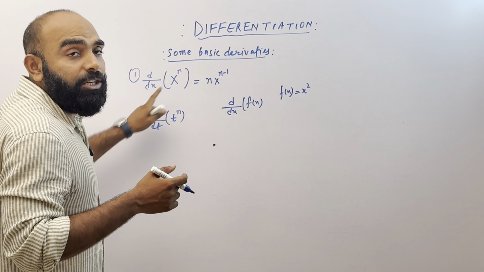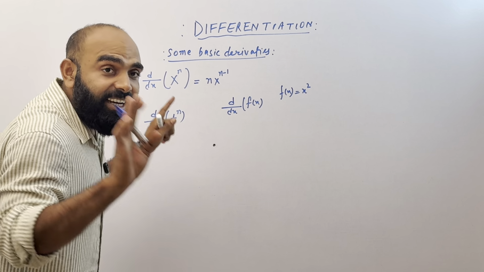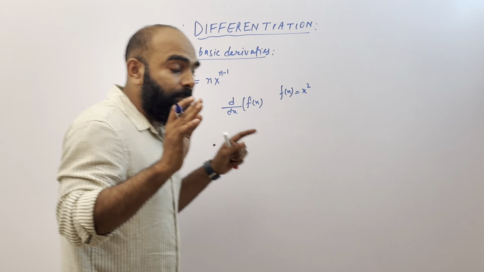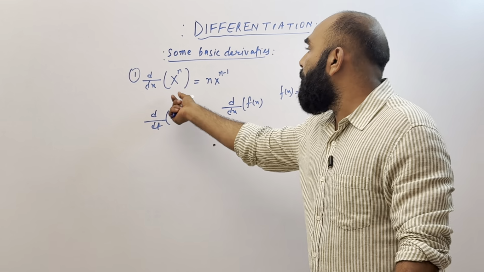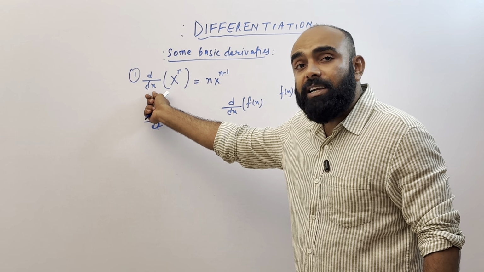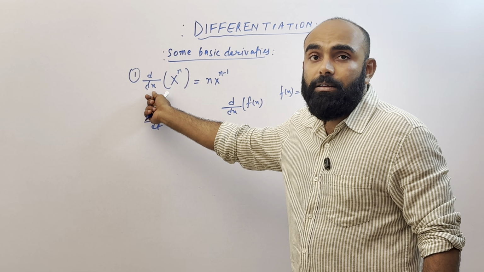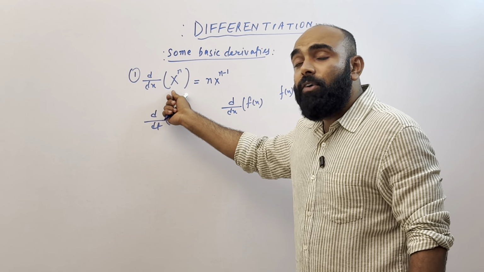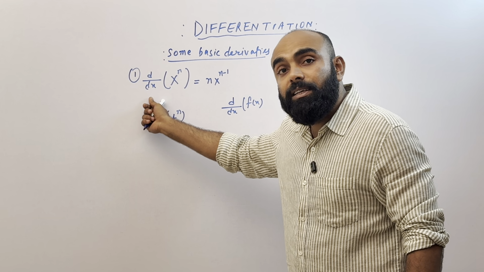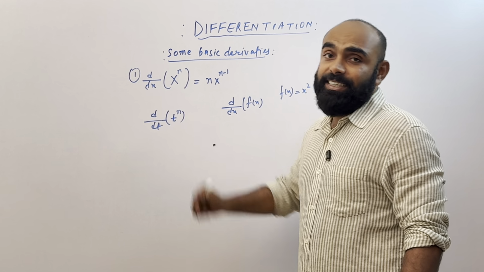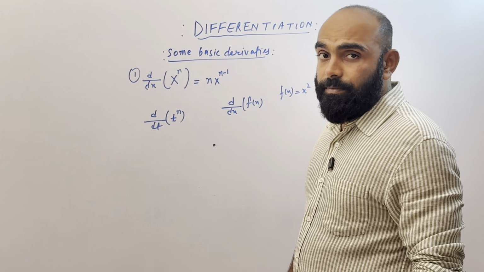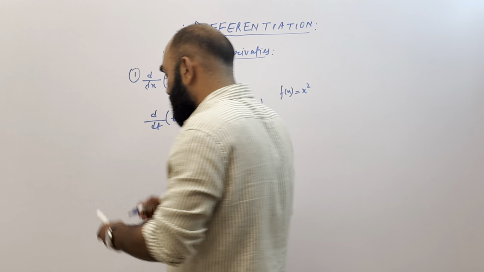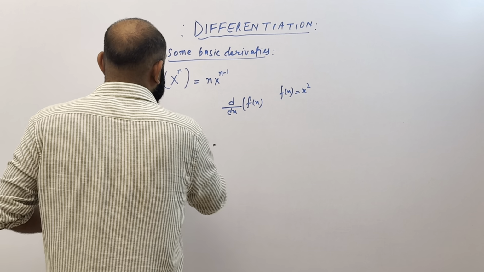If it is z, it will be dz. Clear? Whatever your variable is, you have to differentiate with that only. If there is f of x, we differentiate with dx. If it is f of t, we differentiate with d by dt.